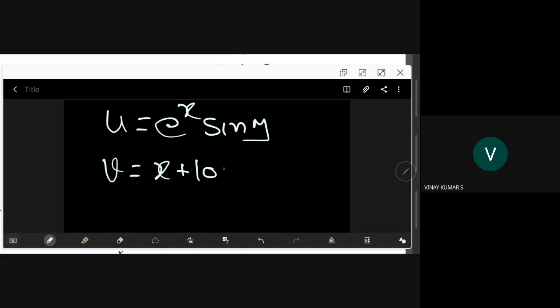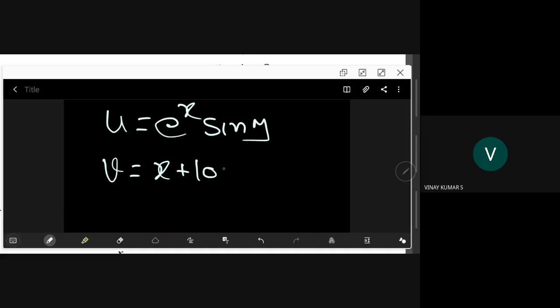Here u is equal to e power x sin y, and v is equal to x plus log sin y by x.